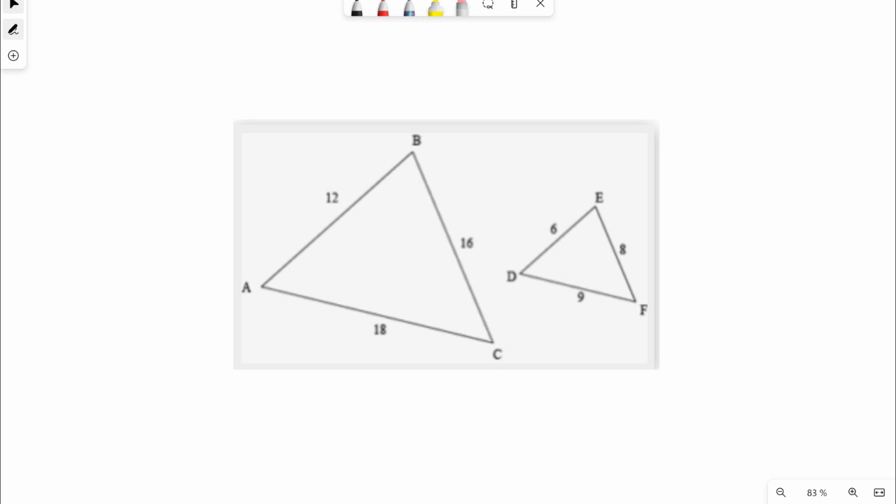But anyway, this one gives us the opportunity to check the similarity using the relationships between sizes in many ways. For example, 12 divided by 6 is 2, 18 divided by 9 is 2, 16 divided by 8 is 2.